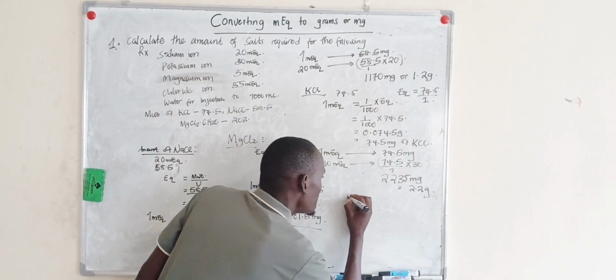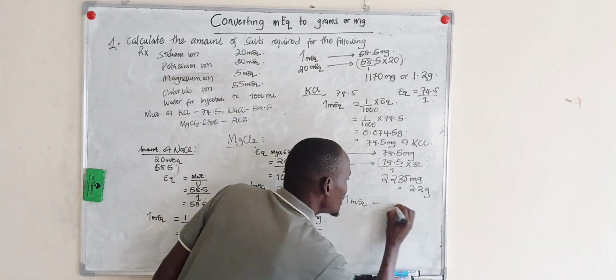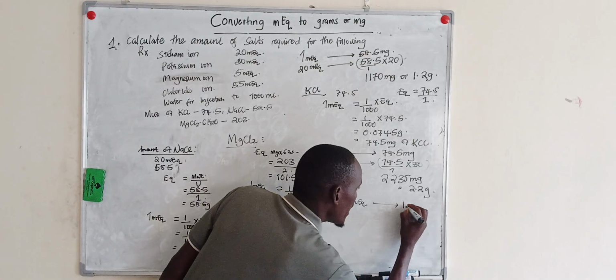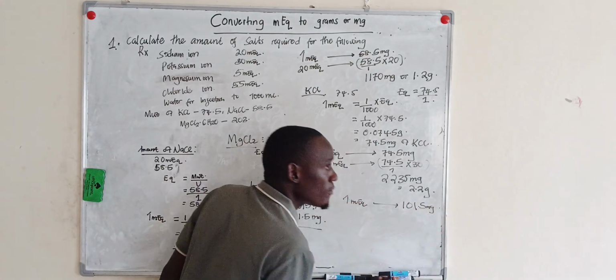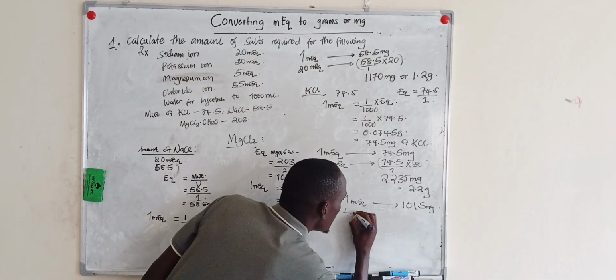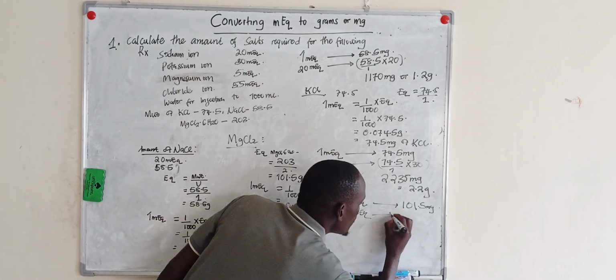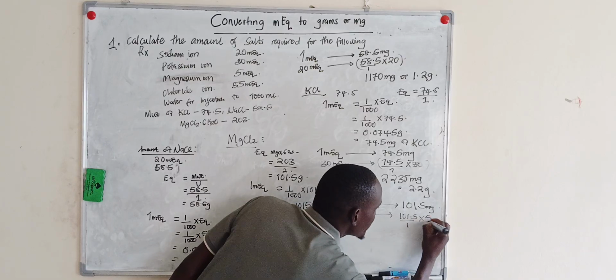So we have gotten the equivalence of 1 milliequivalent. So we shall say if 1 milliequivalent of magnesium ion is contained in 101.5 milligrams of magnesium chloride, how about the 5 milliequivalents in the formula? It will be 101.5 divided by 1 times 5.